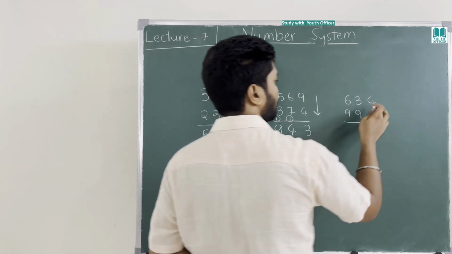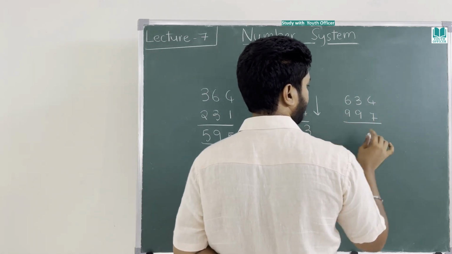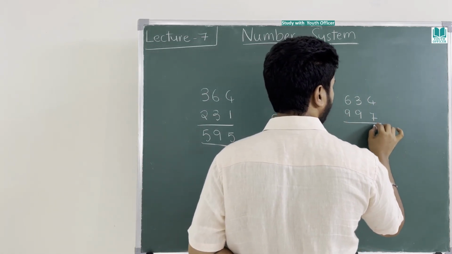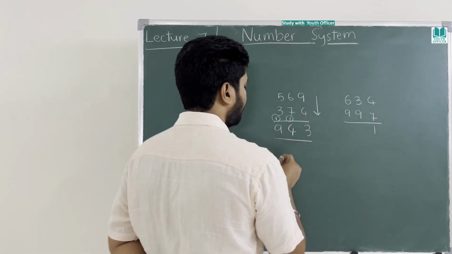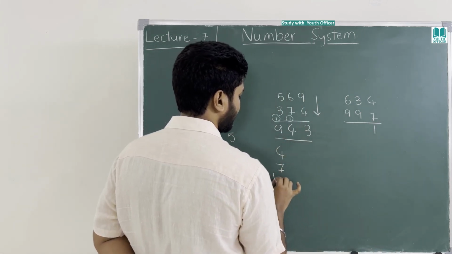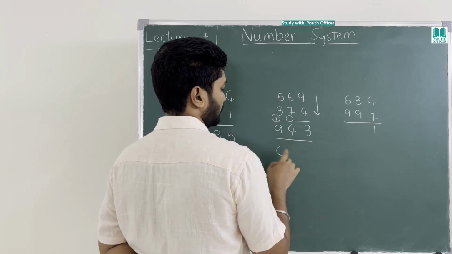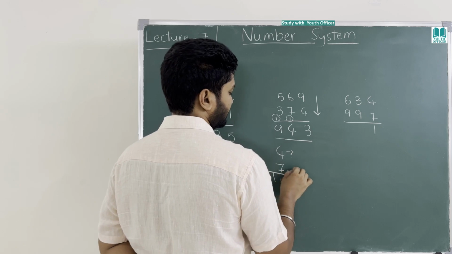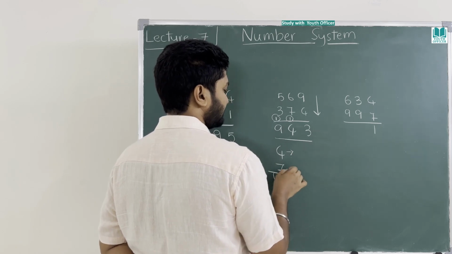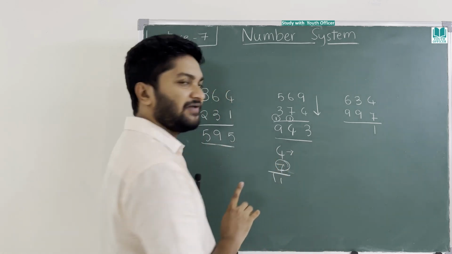How do you add? 4 plus 7 is 11. How has 4 plus 7 become 11? Two ways you can do it. You can make this 10 or this 10. As this is a big number, I am going to make 7 into 10.